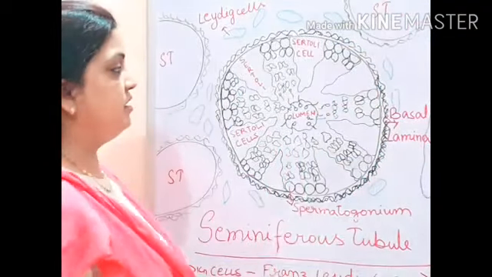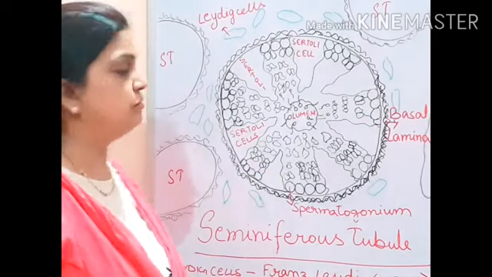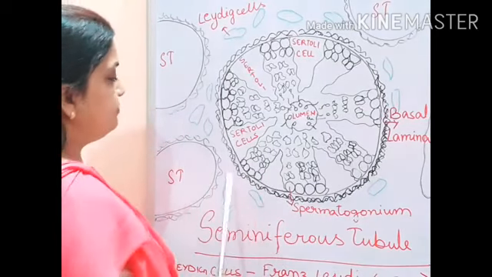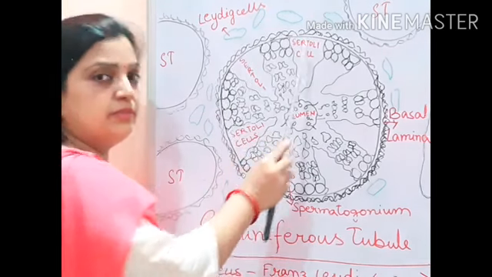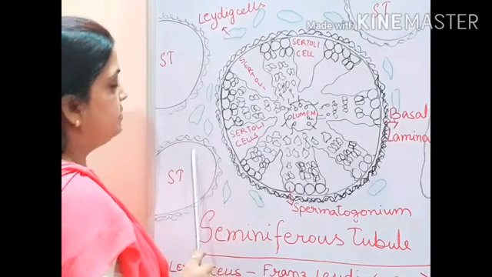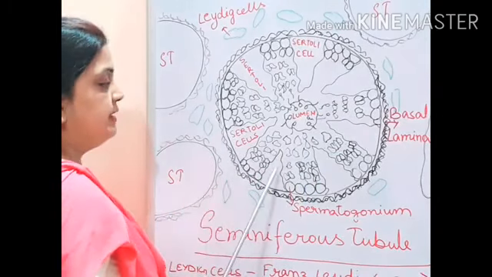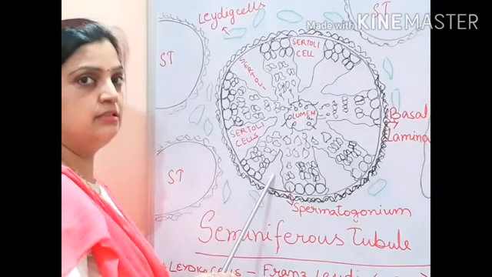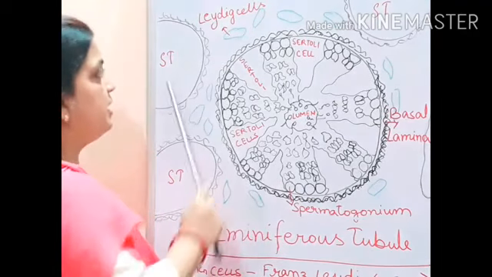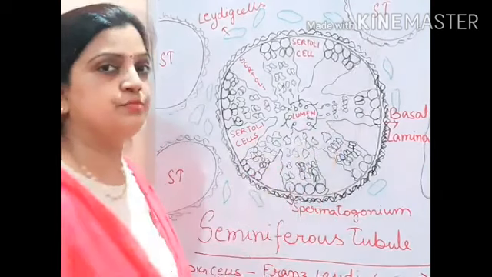Children, you can see that I have drawn the diagram of the seminiferous tubule and I have zoomed it also. A few minutes back I was explaining that these are all seminiferous tubules. Here I have drawn the internal descriptive part, and here I haven't shown it. I have just tried to show that many seminiferous tubules are present.